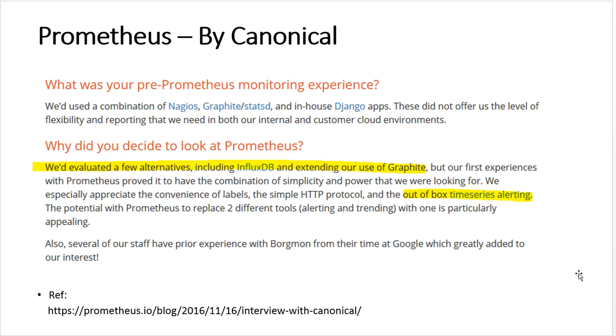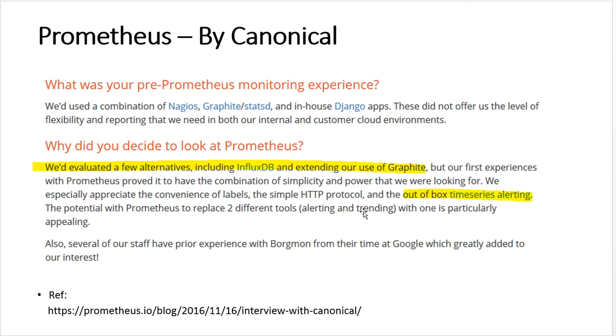When they started using Prometheus, they got to know it has multiple features and many things can be done, such as time series alerting, and it also does trending, not only alerting or monitoring. It also finds out trends, how things will go in future, and you can identify those things. So Prometheus is not only reactive, it also does proactiveness.